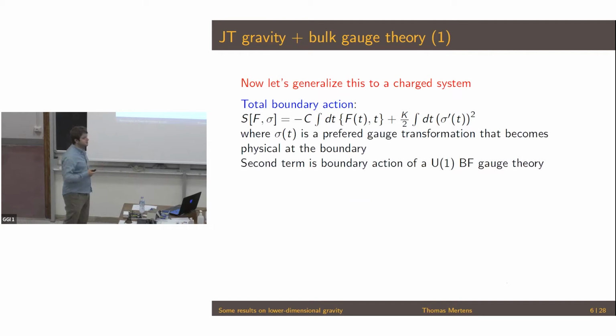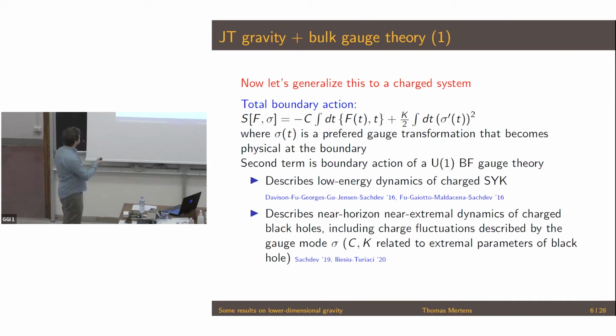And the sigma of t field represents a preferred gauge transformation at the boundary that is again becoming physical, just like for the reparametrization f of t. This is a coordinate transformation in the bulk, but it's becoming physical at the boundary. So this is precisely the same logic extended to a gauge transformation next to the coordinate transformations that f of t represents. And the second term is also precisely the boundary action of a bulk modeled U(1) BF gauge theory model.